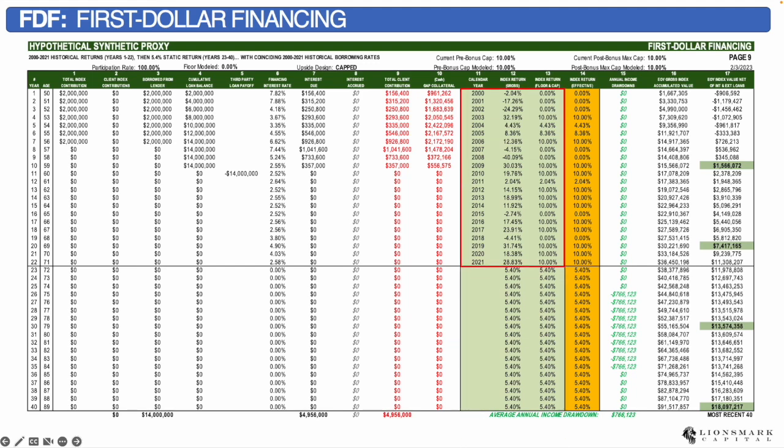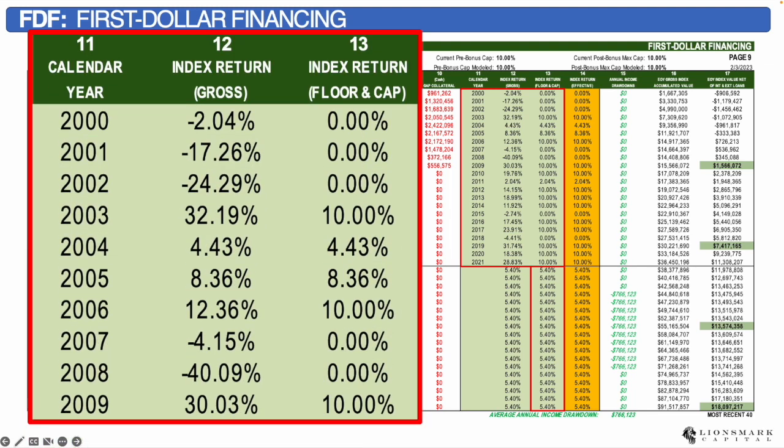So here again, we have the years 2000 through 2021. We have in column 12 there the actual historical S&P returns. In column 13, we have applied the 0% floor and the 10% cap. Okay, after that period, then we're just doing a level 5.4% return. So if we blow that first 10 years up there, this is how bad it is, right?